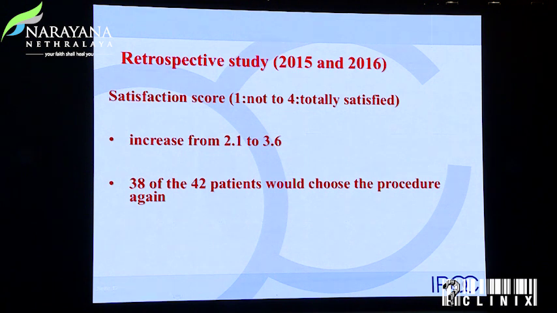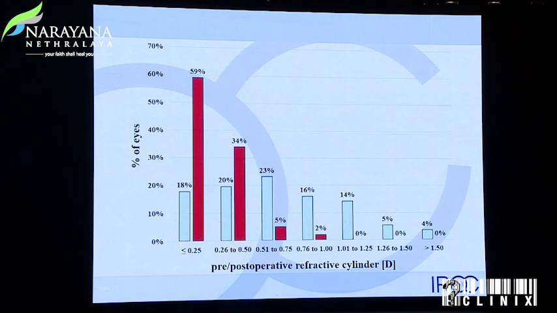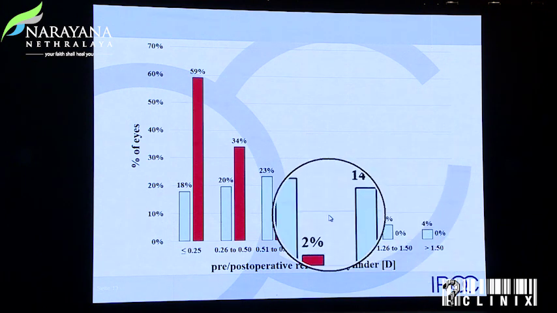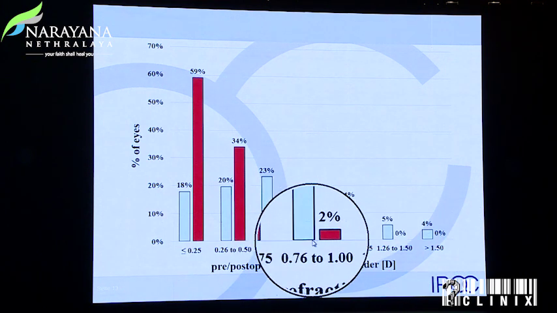The nice thing is that for those patients, the satisfaction score increased from 2.1 to 3.6, and 38% of our 42 patients would choose the procedure again, although it was cataract surgery, then LASIK, and all these measurements before and afterwards, and still they thought it was worthwhile to undergo that procedure. You may see easily that the astigmatism that was up to 2 diopters did decrease to 0.75 diopter.